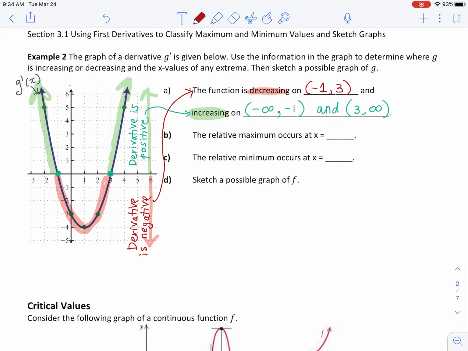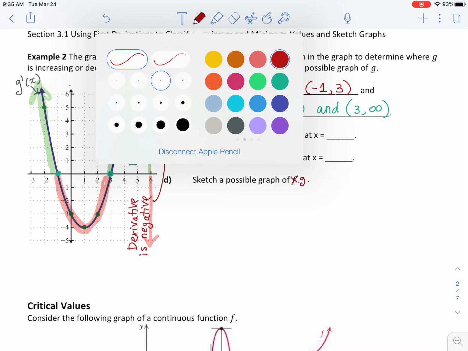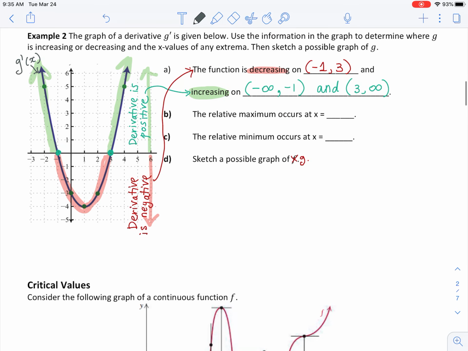for this g of x. But I'm going to go ahead and sketch a graph first. Sketch a possible graph, not of f, but of g. Change that to g for me. And then I'll come back and talk about which point is a relative minimum and which point is a relative maximum. So it's not going to be an exact graph because there is more than one function that will have a derivative of this function.